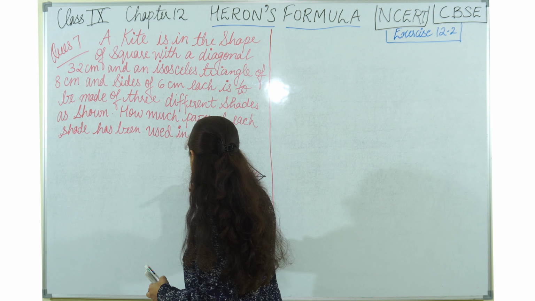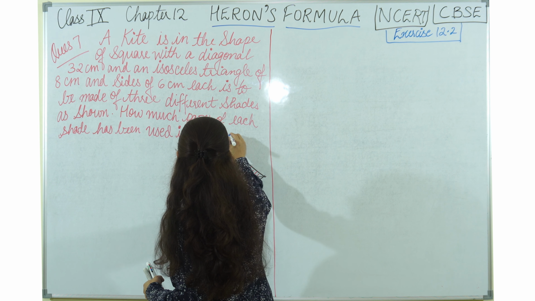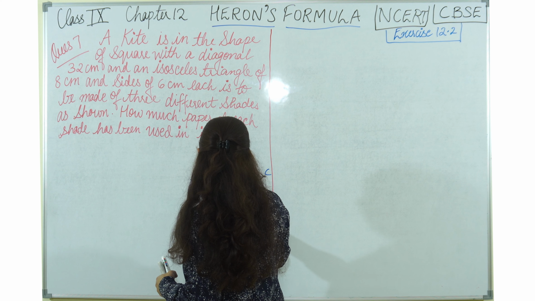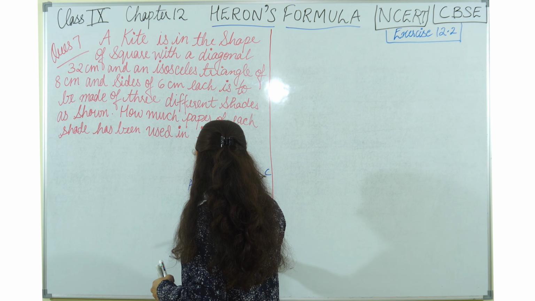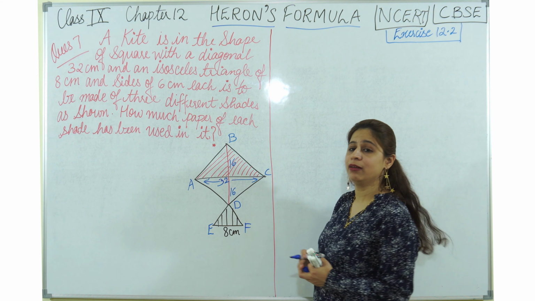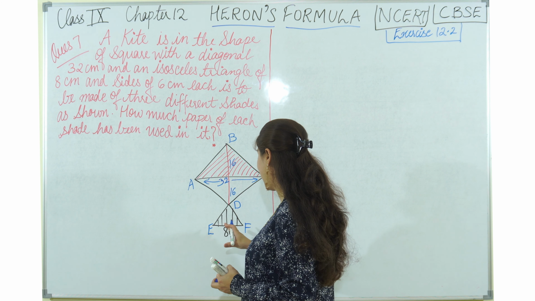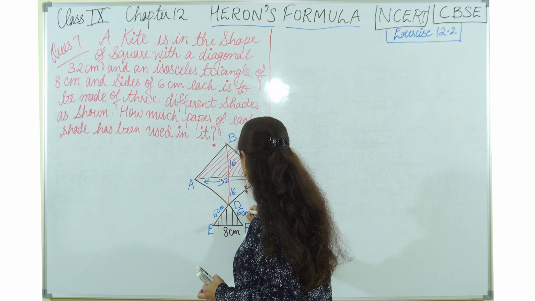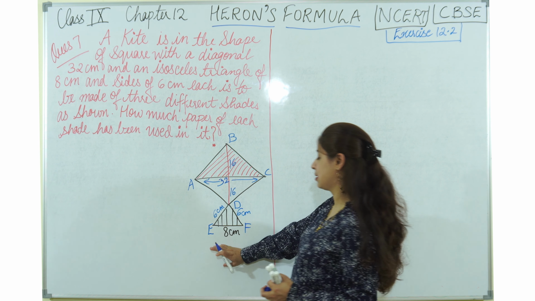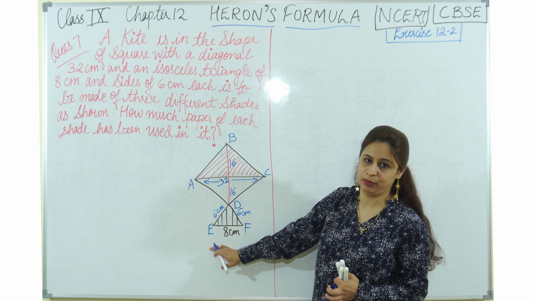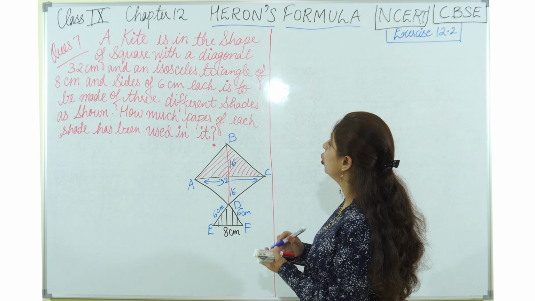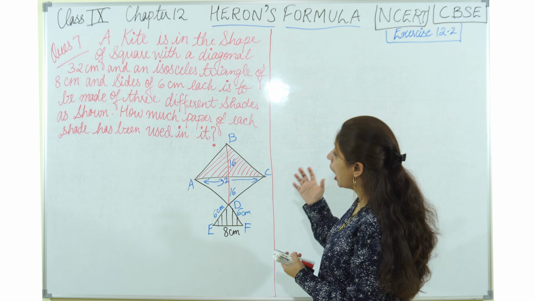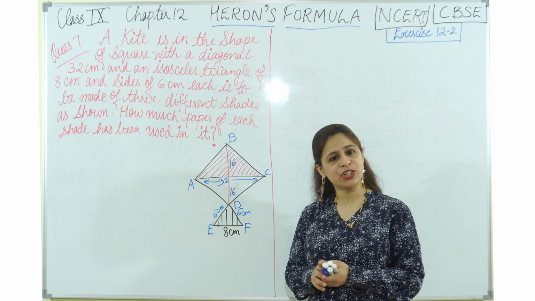So let us mark this kite to be A, B, C, D, E and F. Also in the bottom we are having an isosceles triangle having 2 sides to be 6 centimeter each and the base of that triangle to be 8 centimeter. So we need to find out how much paper is required for each of the shades.